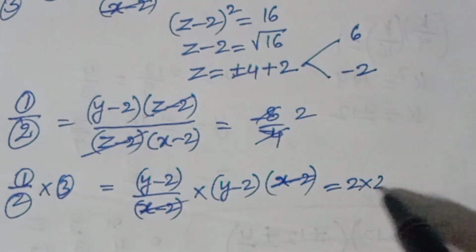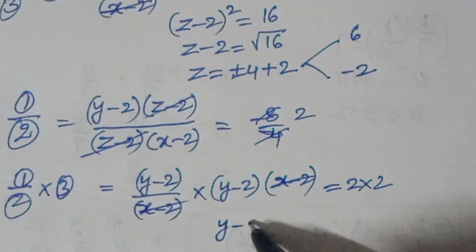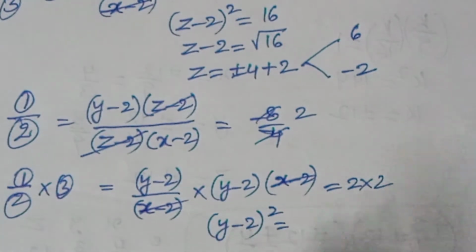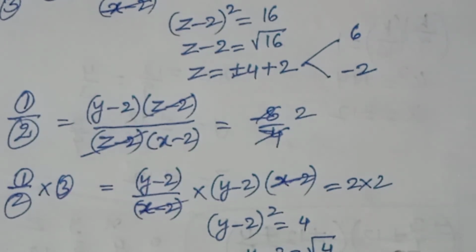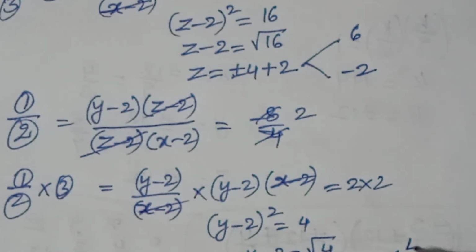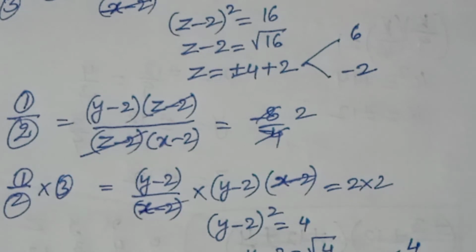Here 2 into 2 you have to multiply. y minus 2 whole square is equal to 4. y minus 2 is equal to root 4, y is equal to plus or minus 2 plus 2. So here also we get two values for y: one is 4, the other one is 0.